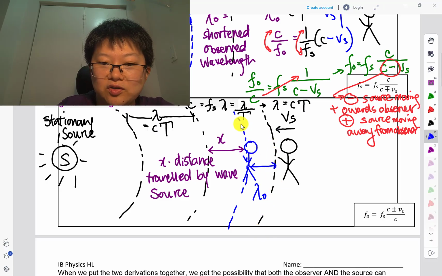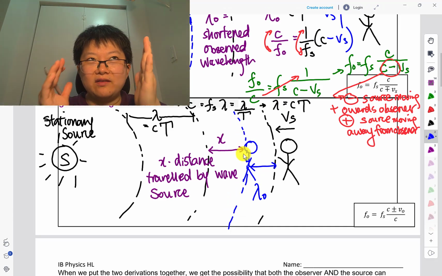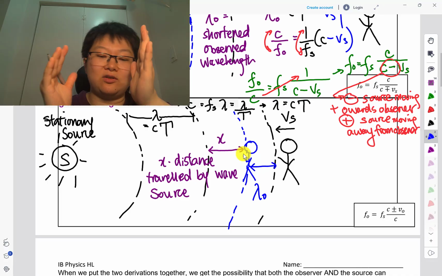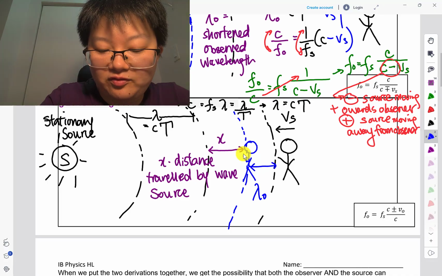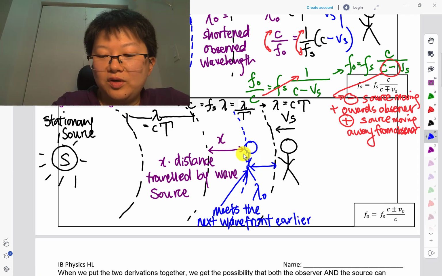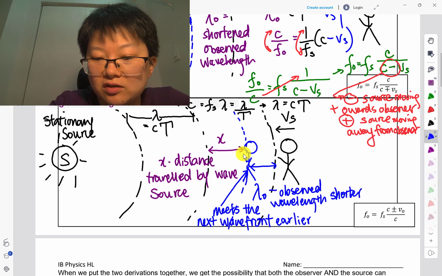Then after they moved, let's say this is where the second wavefront hits them, they think the wavelength is now shorter than before. So they will meet the next wavefront earlier, which makes their observed wavelength shorter.